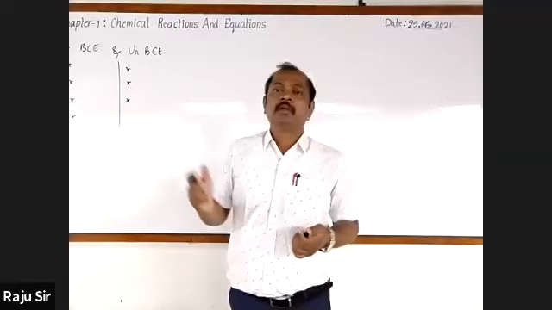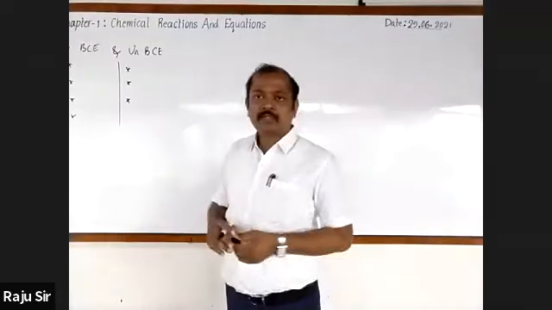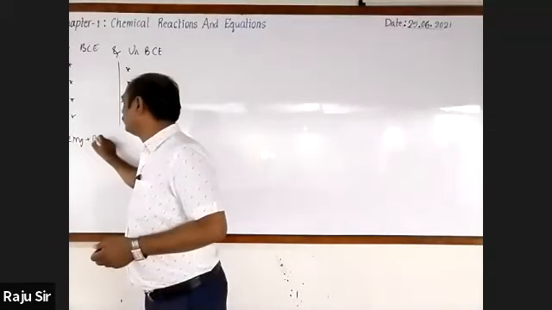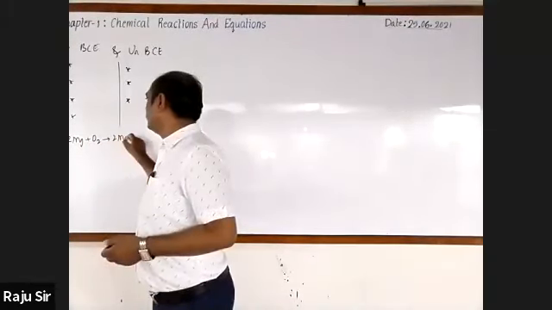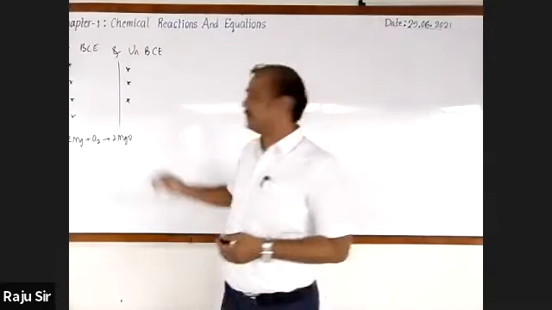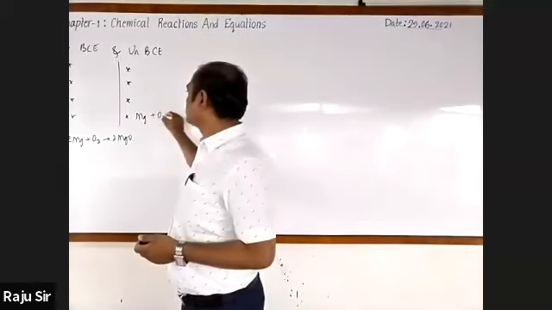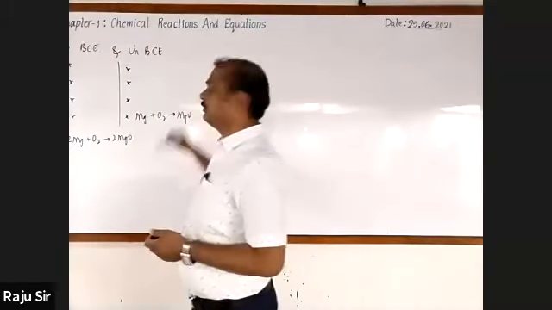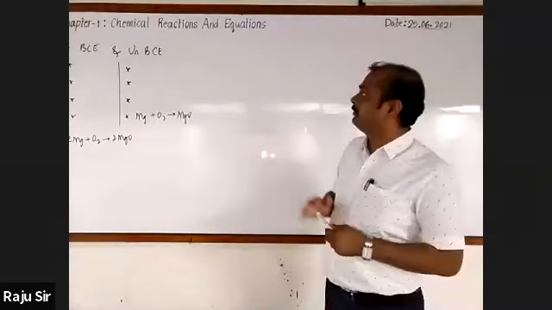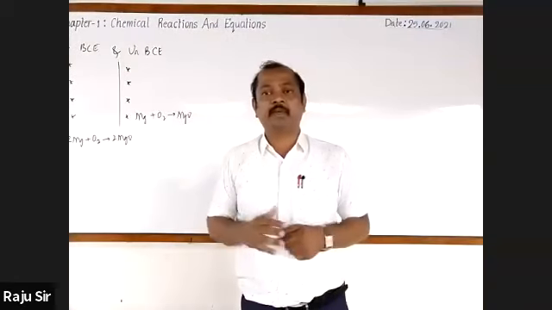It is burning of magnesium ribbon. For the balanced chemical equation, we write 2Mg + O2 gives 2MgO. Whereas for the unbalanced chemical equation, we give the same example, Mg + O2 gives MgO. So these are important differences between balanced and unbalanced chemical equations.